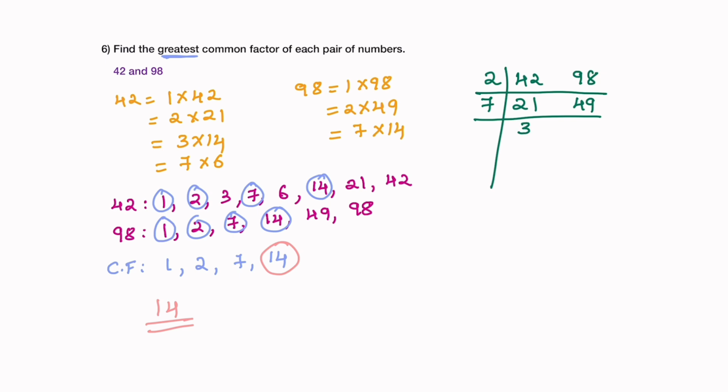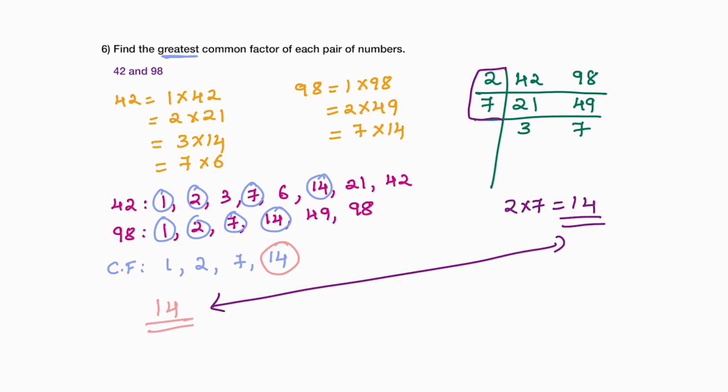That's times 3. So 21 divided by 7 is 3. 49 divided by 7 is 7. No more common factors. What do we do? We have to multiply these. So it's 2 times 7, which is 14. Same answer.